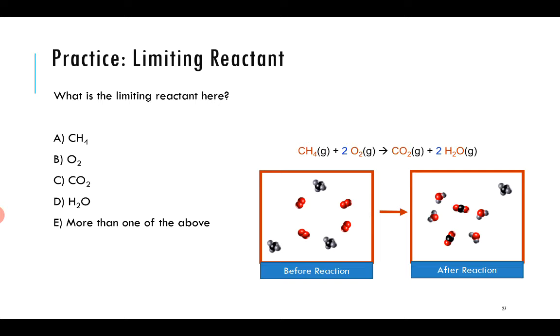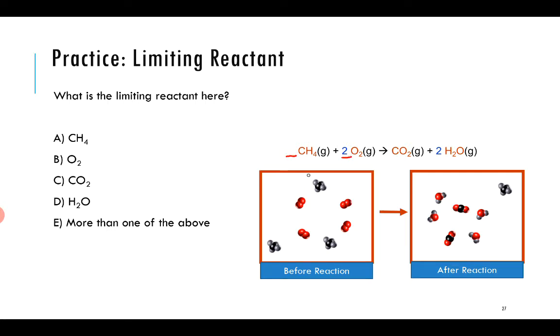Here's a different box. Same chemical equation, but different amounts of starting material. Go ahead and pause the video and try to determine what the limiting reactant is in this case. Okay, you think you have an answer? Let's talk about it. We need 1 methane for every 2 oxygens.